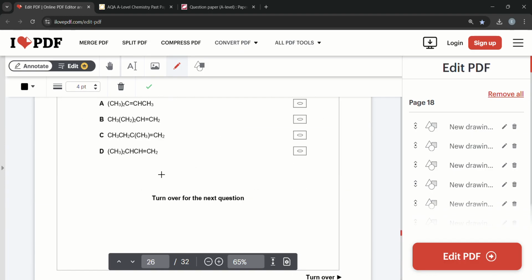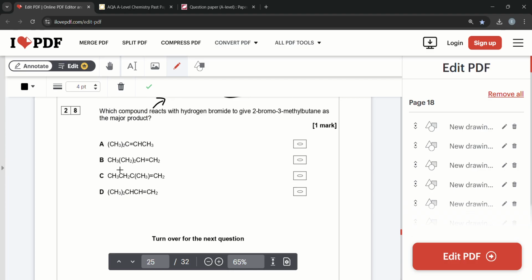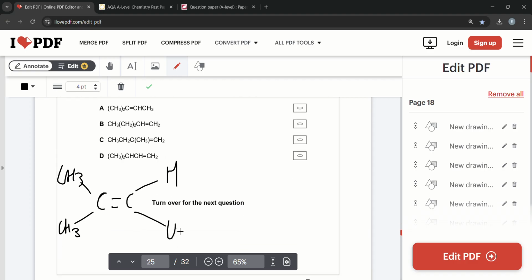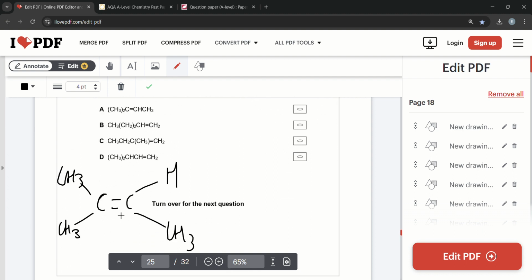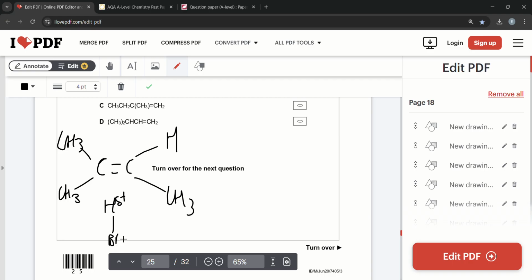And now let's go to the last question on this one. I might not get this correct, guys, but let's see. So we've got C double bond C, CH3, CH3, H, and CH3, reacting with hydrogen bromide. Double bond here.